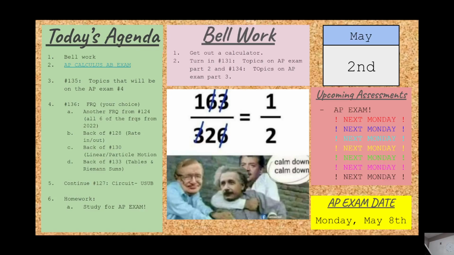Which one did you pick? First one? Just because it's the first one? No, this in and out question, I don't really understand it. I've done these wrong. I got A and B right, but C and D, I'm still... Well, rate sounds like derivative to me.